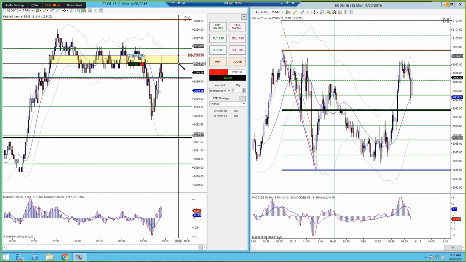This is still a big area here, guys, so that's why I was working that area.